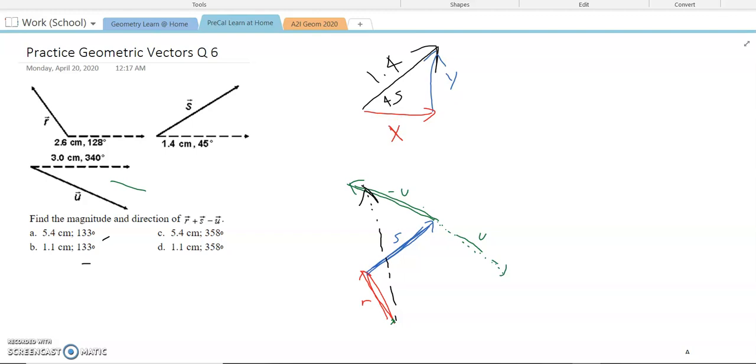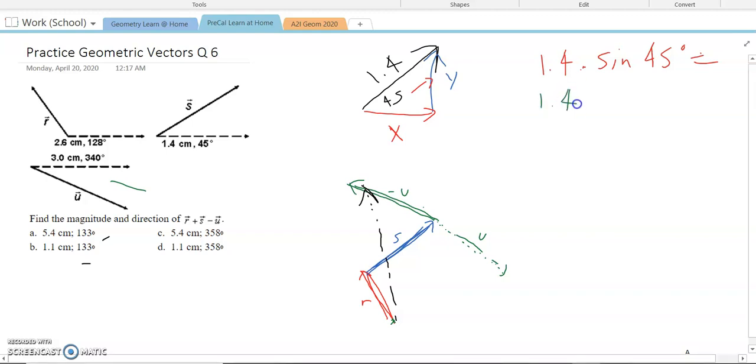Hopefully you learned in geometry and trigonometry, it's real easy to solve for these using trigonometry. We can use the sine value to find this opposite side, or the y. 1.4 times sine of 45 degrees will give me the y value. And 1.4 times cosine of 45 will end up giving me the x value.